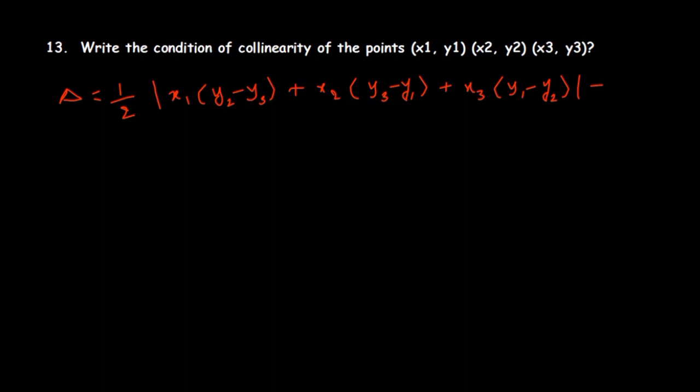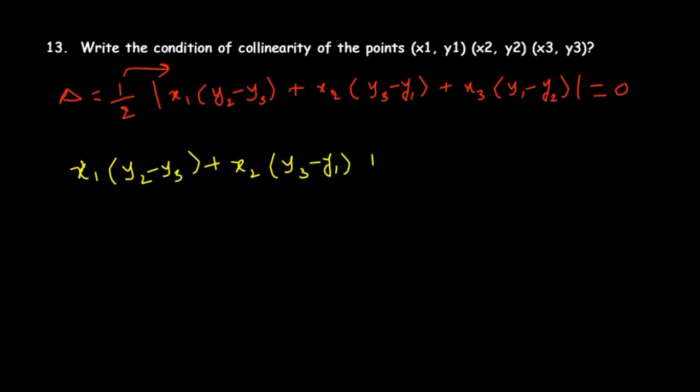So this is the formula to find the area of a triangle when the 3 points are given. So to prove the collinear points, we should prove the area of the triangle equal to 0. That means if you take delta equal to 0, then by transposing this 1 by 2 here, it becomes 0. Then finally the condition to prove the given points are collinear, that is x1 into (y2 minus y3) plus x2 into (y3 minus y1) plus x3 into (y1 minus y2) is equal to 0.